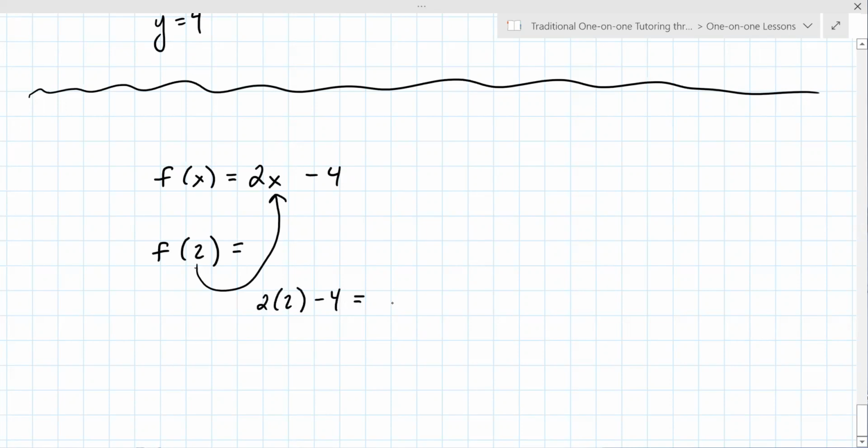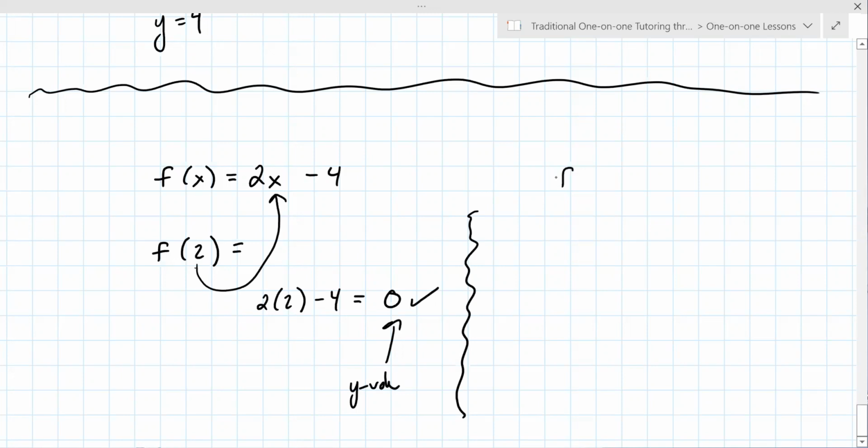So 2 times 2 is 4, minus 4. That equals 0, and that's the y value. So y equals 0, and you already know that x is 2.